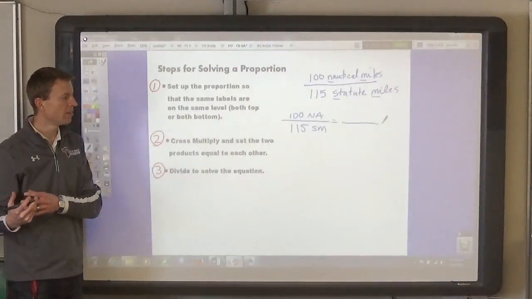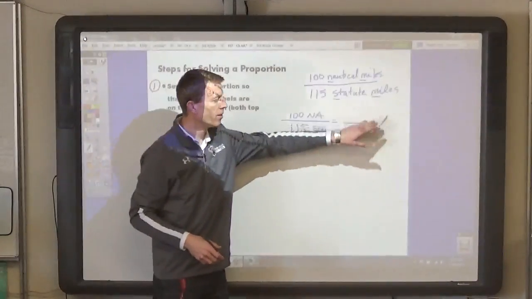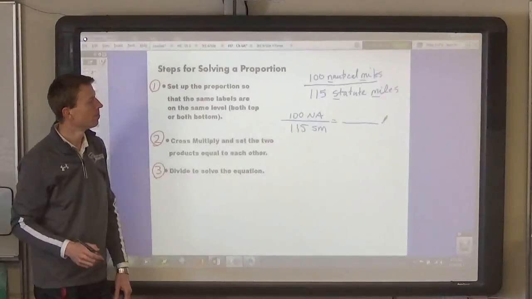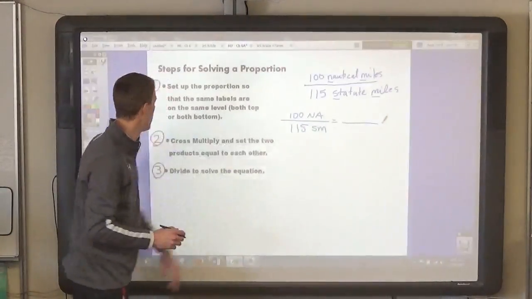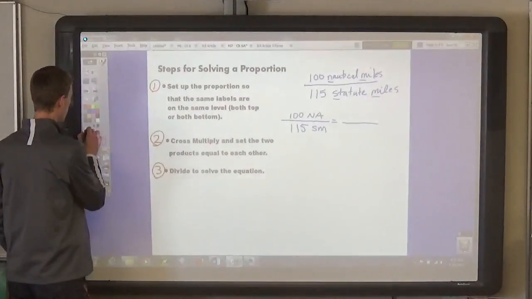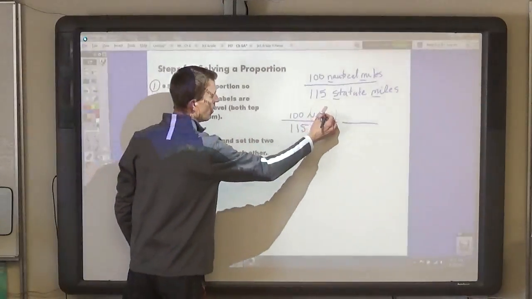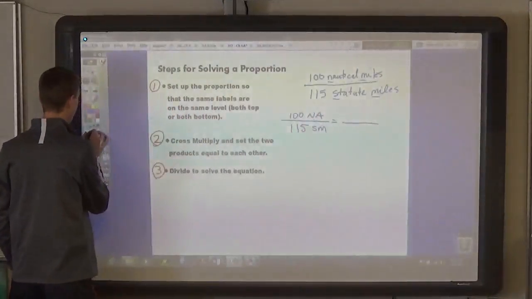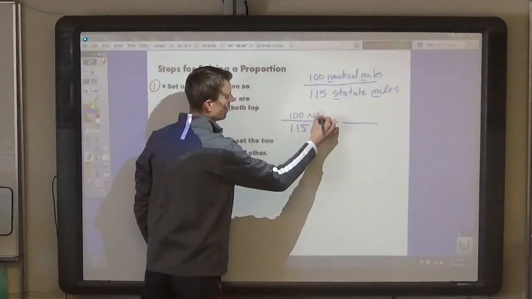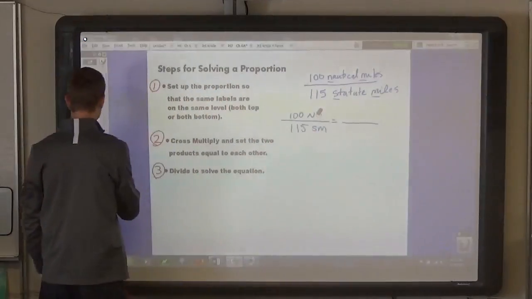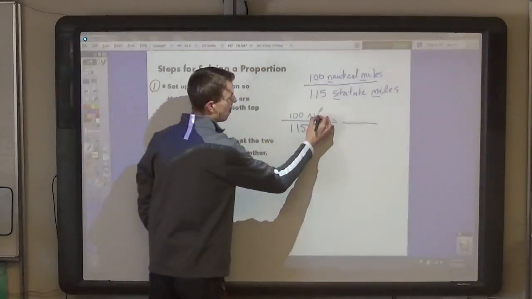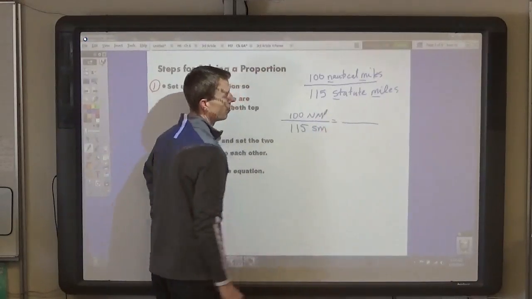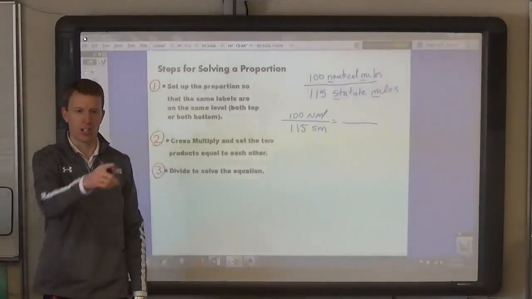Where should we put it? Should we put it on the top line or on the bottom line? Where should we put it, Jen?